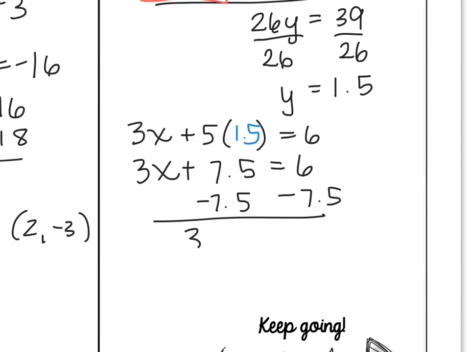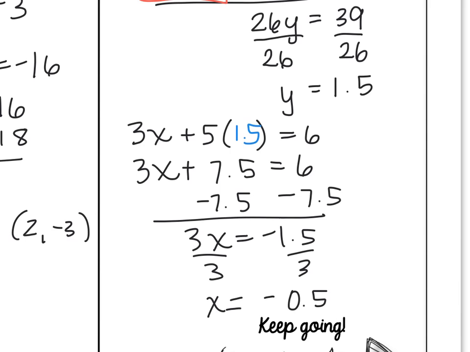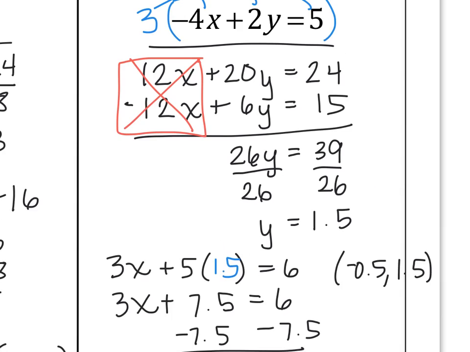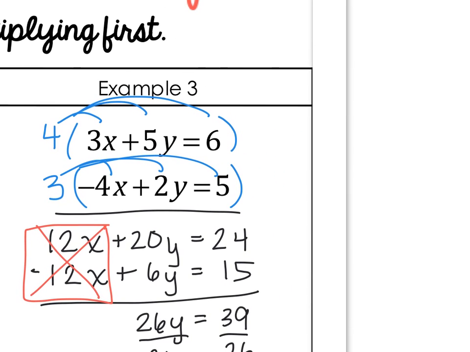So 3x equals negative 1.5, divided by 3, and x is negative 0.5, or 1/2 if you prefer. So my solution is negative 0.5, 1.5.